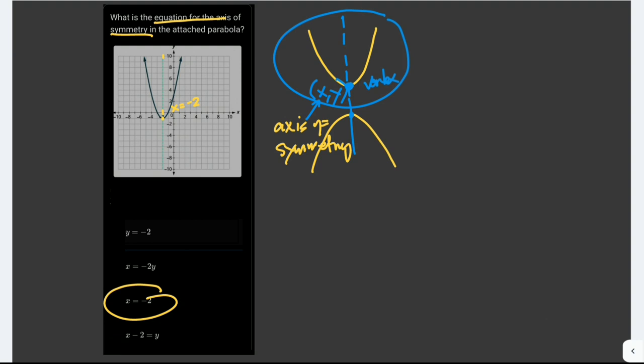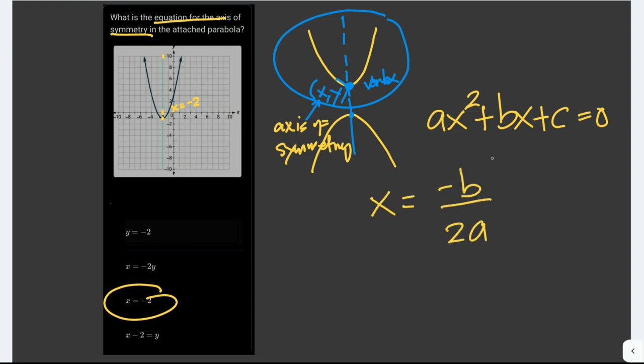And by the way, in cases where you are asked for the equation for the axis of symmetry and the graph isn't given, or you're just given the quadratic equation, ax squared plus bx plus c equals 0, then you can use the formula for the axis of symmetry, which is x equals negative b over 2a, where b is the coefficient of the middle term and a is the leading coefficient.